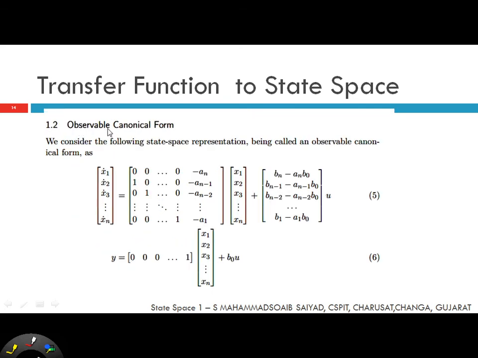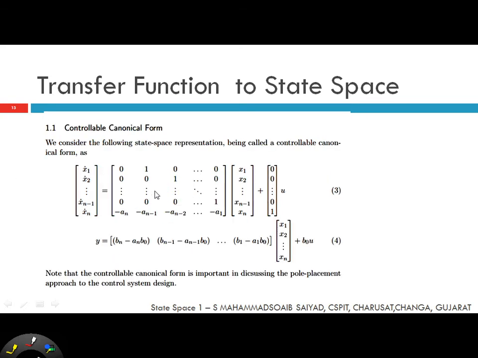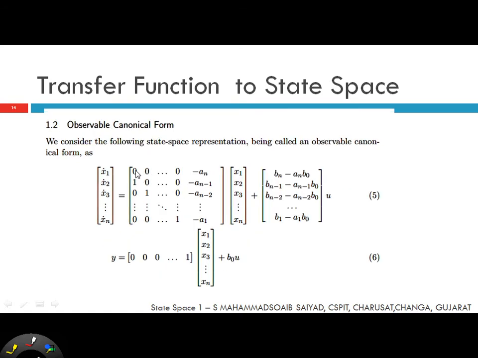Next form is the observable canonical form. In the observable canonical form, we are just making the transpose of this matrix. So these rows are going to be columns, and columns are going to be rows. Previously it was 0 1, so this 1 is coming over here, 0 0 1, so this 1 is coming over here.